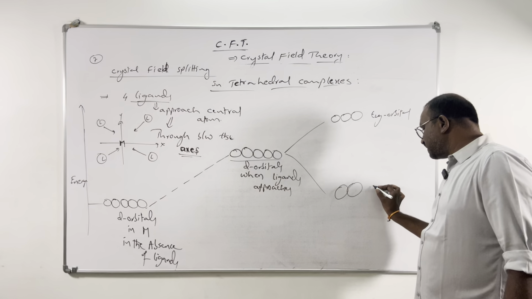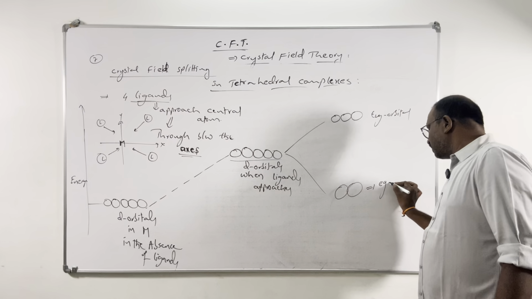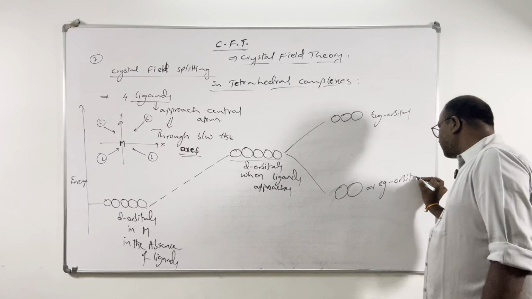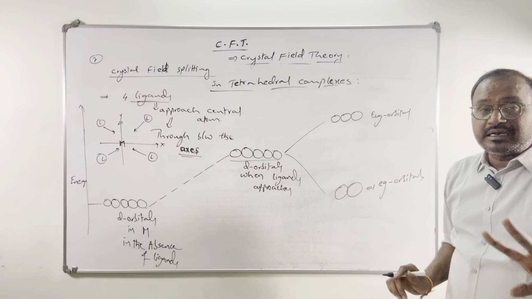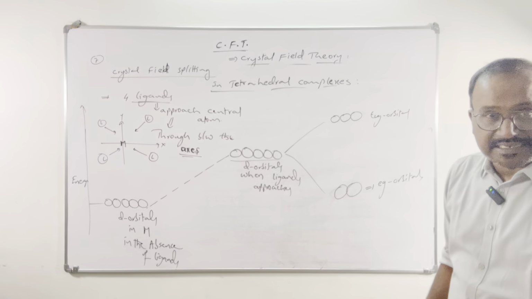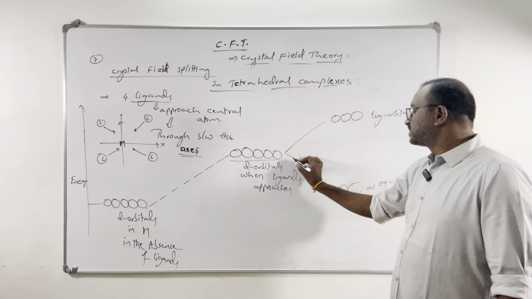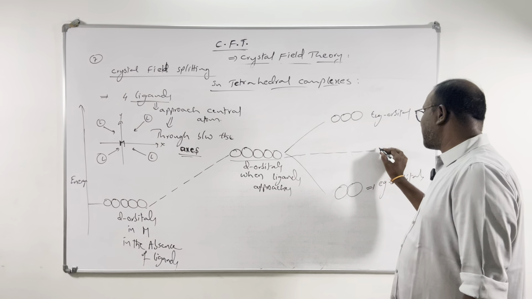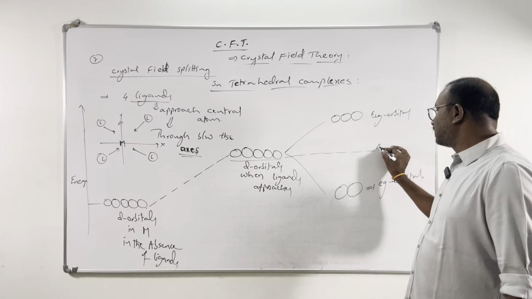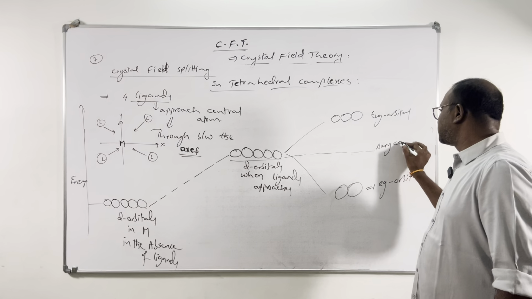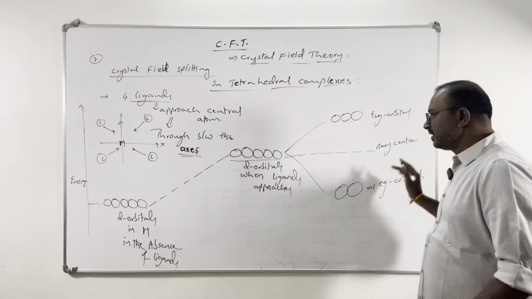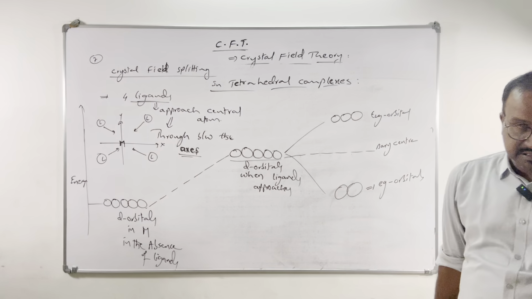Remember, T2g orbitals will contain more energy than Eg orbitals, exactly opposite to octahedral complexes. Suppose this is the energy of the barycenter. Barycenter means the energy level from which the splitting takes place.